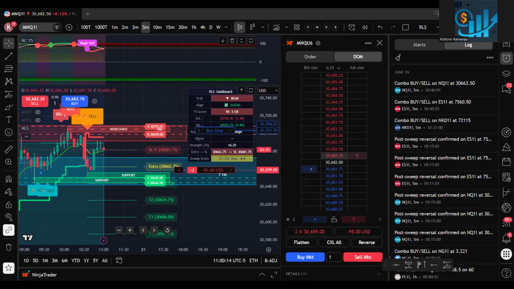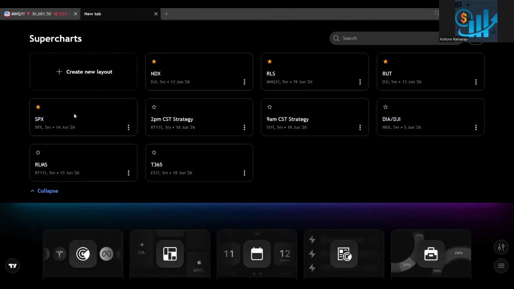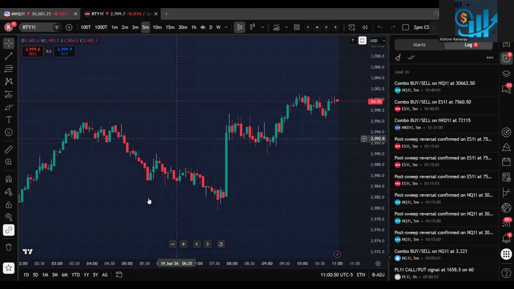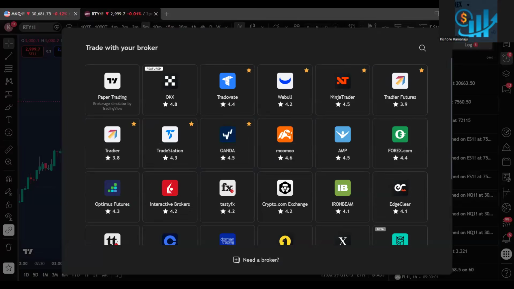TradingView already has some integrations.